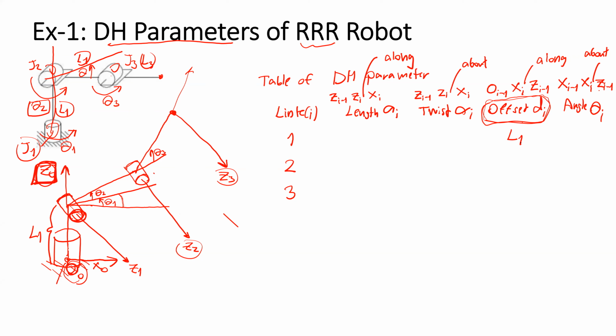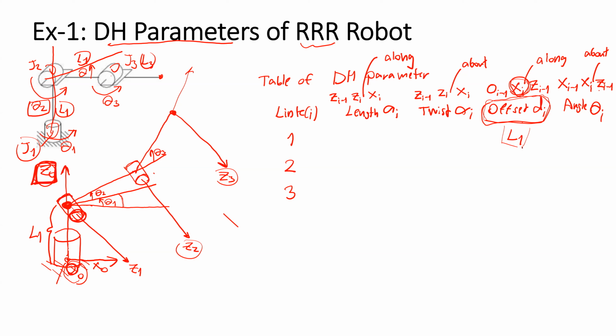But we have another choice. Why not put the origin of frame 0 at this point, so that it will be on the same level as x1, and we can eliminate the value of the offset? We also can do that.